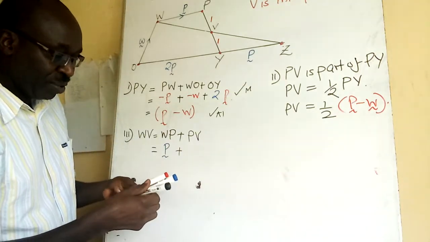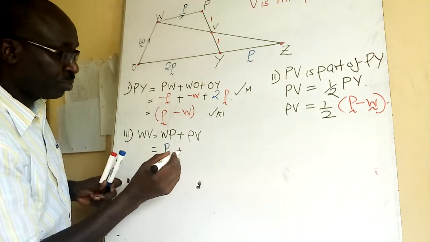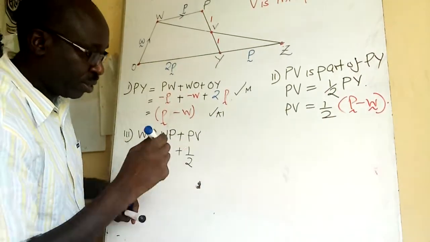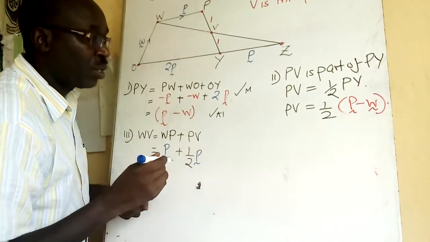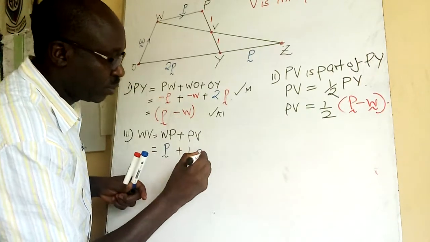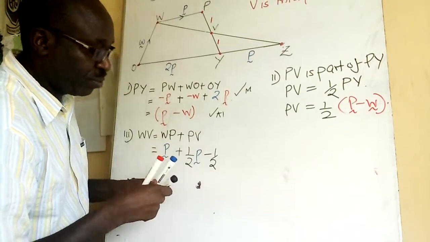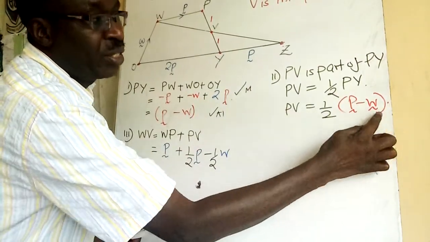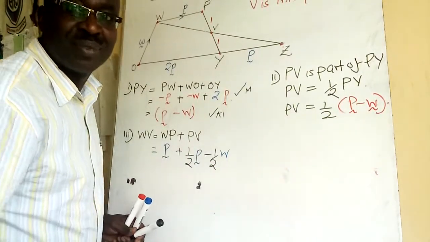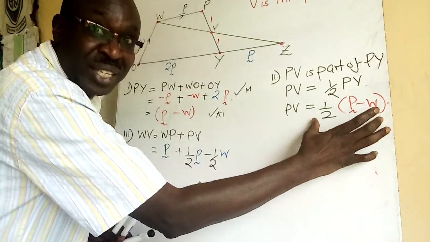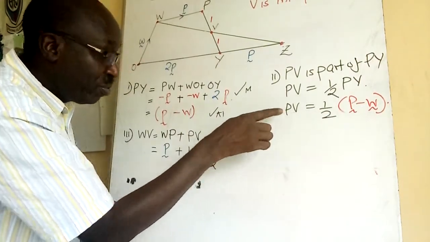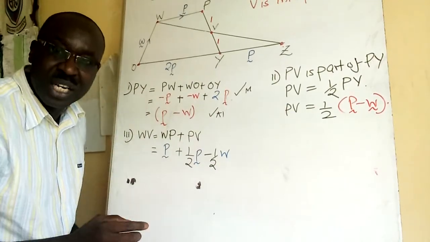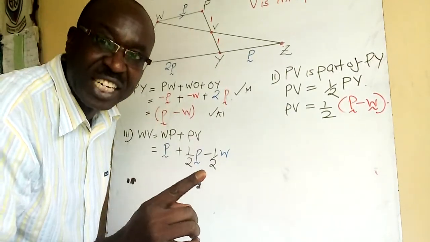So we can say it is a half P minus a half W. Since this has been calculated, now PV, you put the result here. This result, you put it here. And then what? Collect like vectors.